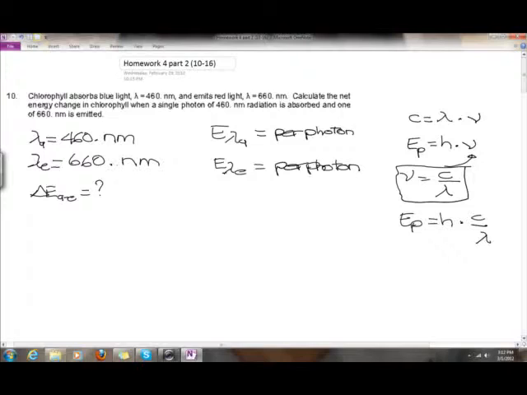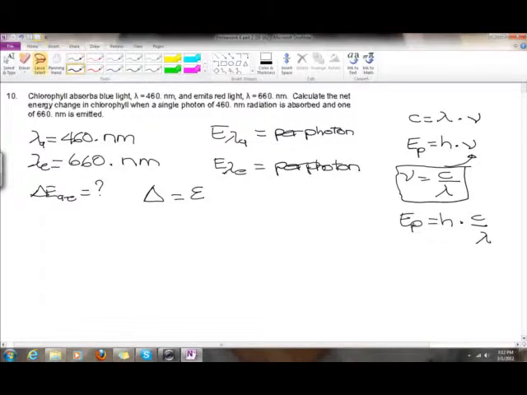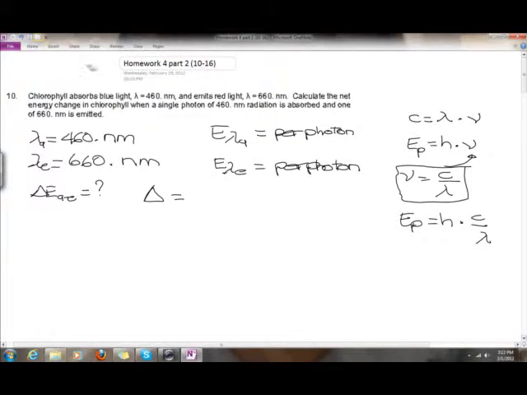So how are we going to determine this difference? We are going to determine if absorption has a positive sign: the energy of absorption minus the energy of emission.